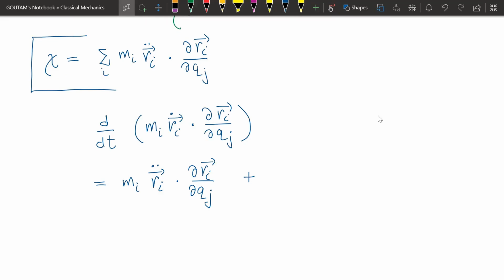plus mi ri dot, dot product, d/dt of del ri del Qj.